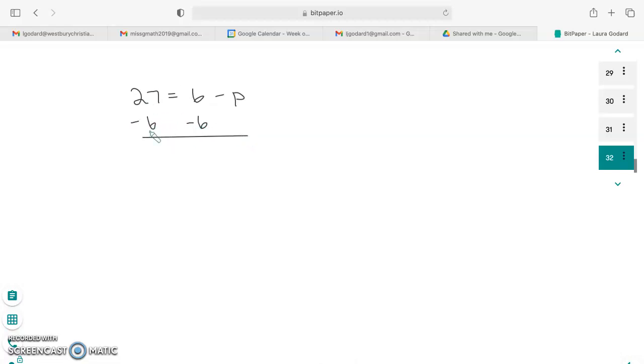When you subtract here, you still get 21. These still cancel each other out, but what you need to bring down is not just the p, but remember the sign in front of it comes with it, so this becomes negative p. So just remember that if there's a subtraction or a negative, it has to come down with the thing that comes after it. We can talk more later about how you would get rid of that, but that's solving equations with addition or subtraction.